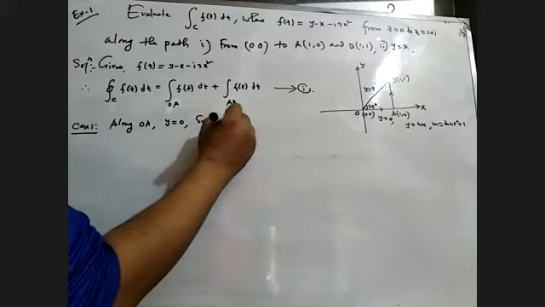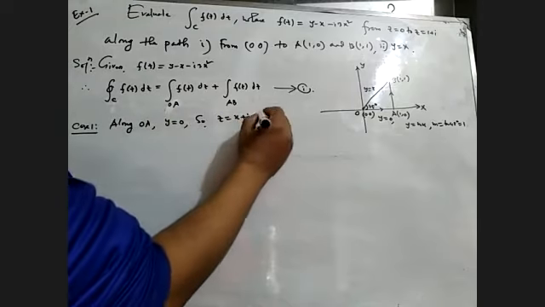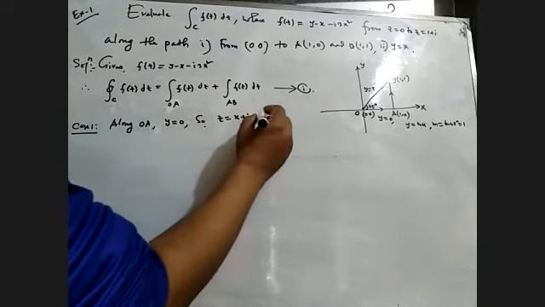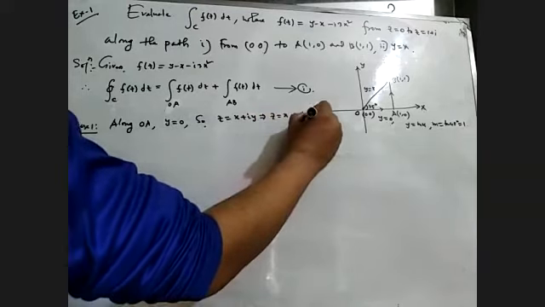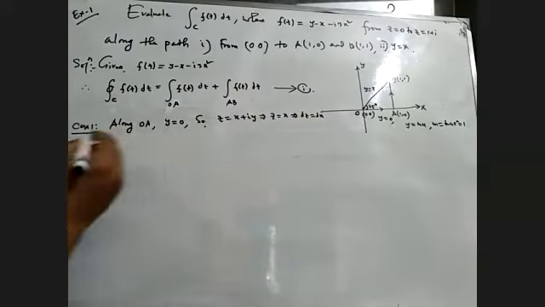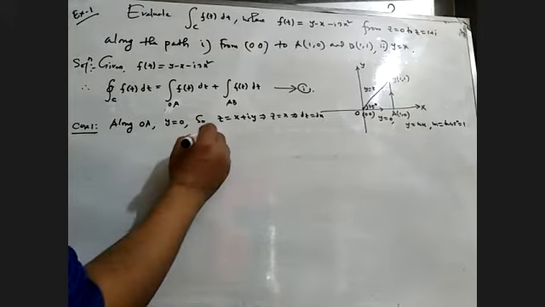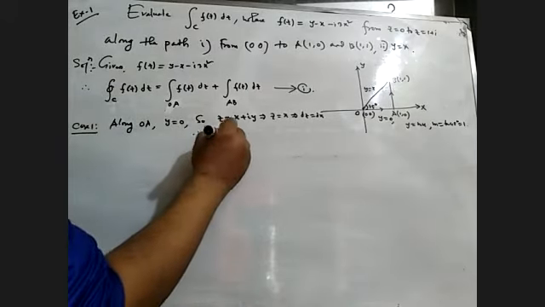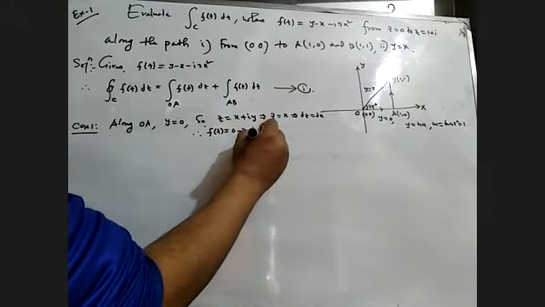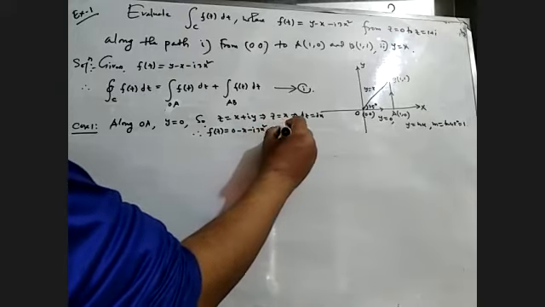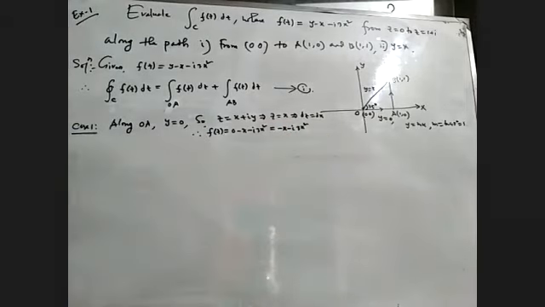So z equals x plus iy, but y equals 0, so z equals x, and dz equals dx. Therefore f of z becomes, with y equals 0, 0 minus x minus i 3x square, that means minus x minus i 3x square. So f of z becomes this one.